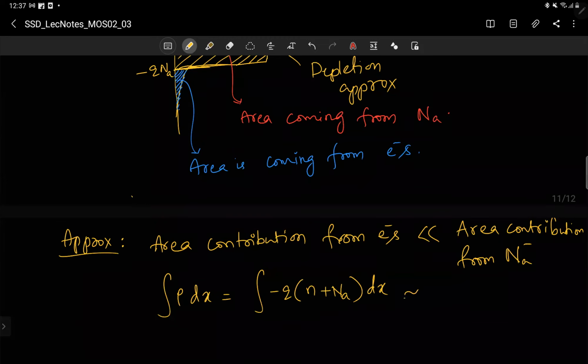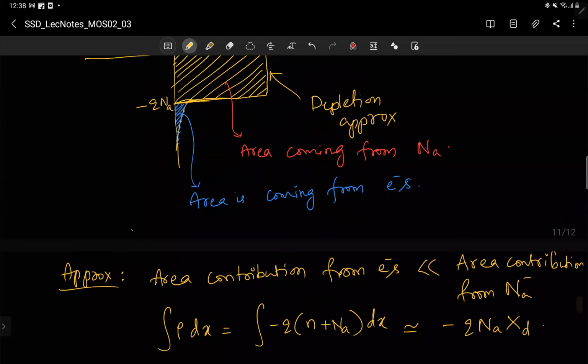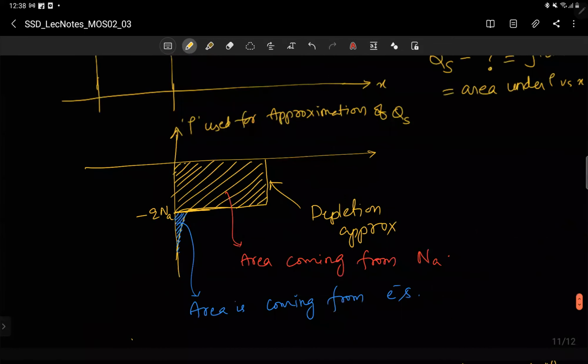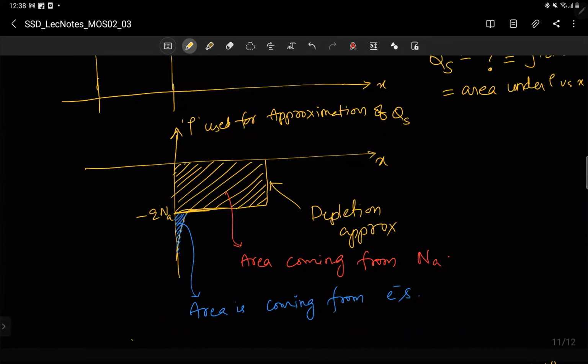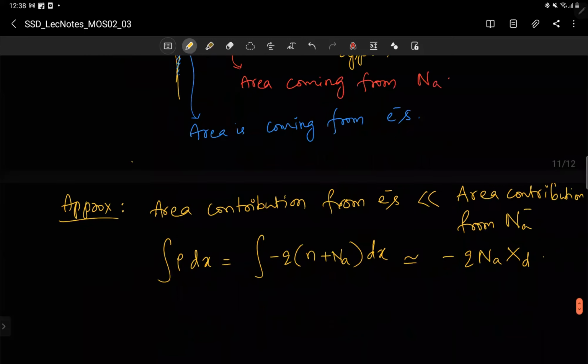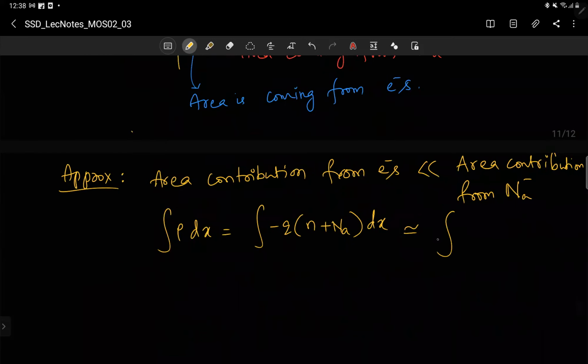I am approximating this to minus q Na dx over xd. Actually, the correct way of writing this is not neglecting n.